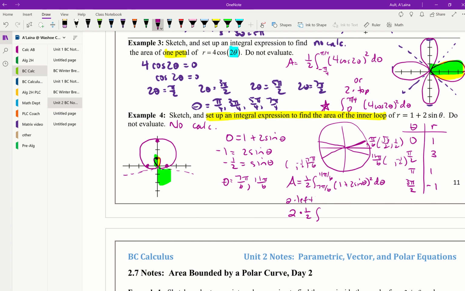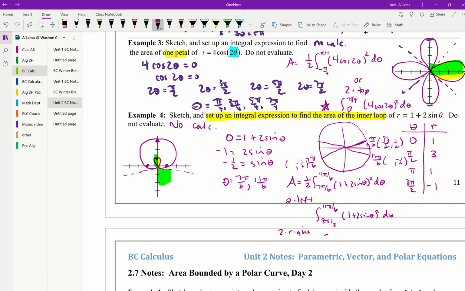It kind of goes backwards straight across, like 180 degrees or pi across. And so this would be from 3 pi/2 to 11 pi/6 of the radius squared, d theta. And then again, the 2 and the 1/2 cancel out. I could also do twice the right.